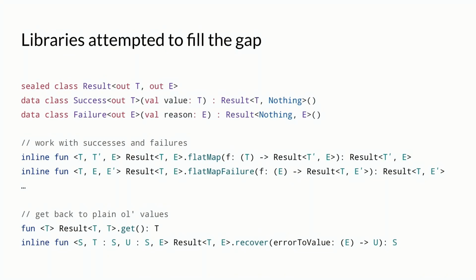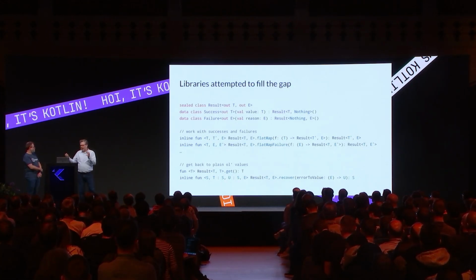So we kind of acknowledged that the checked exceptions ship had sailed, or sunk, but we and a number of other people, Arrow and others, tried to fill the gap by using some types of sealed class hierarchies to model the fact that a function could either succeed or fail. And then provide some useful operations that allow us to compose functions that can fail, fallible functions.